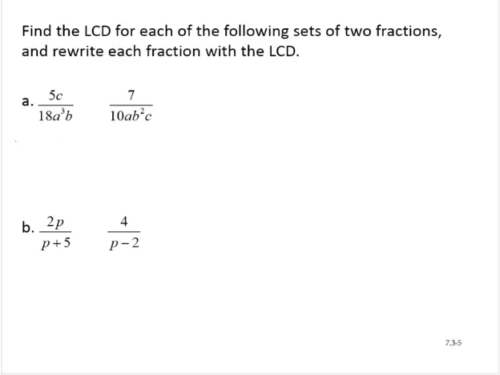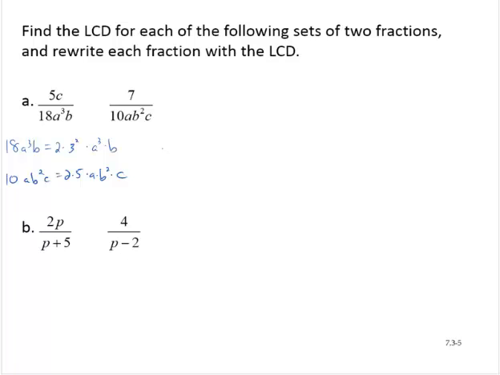Alright, so 18a cubed b is 2 times 3 times 3 times a cubed times b. I should say 2 times 3 squared. And 10ab squared c is 2 times 5 times a times b squared times c.